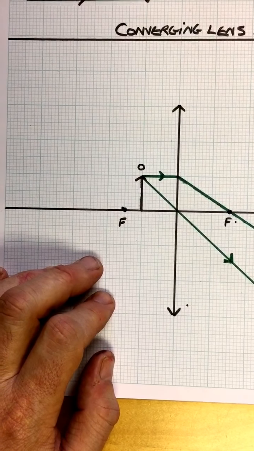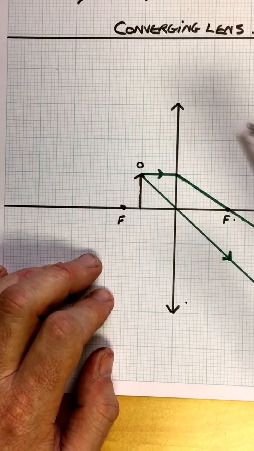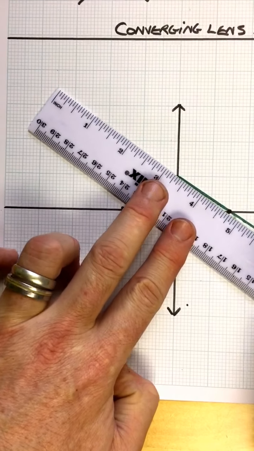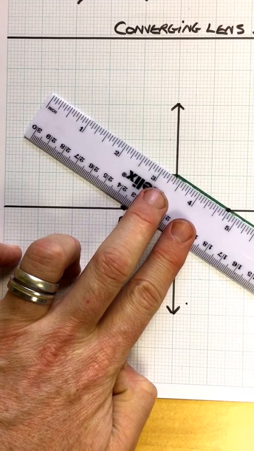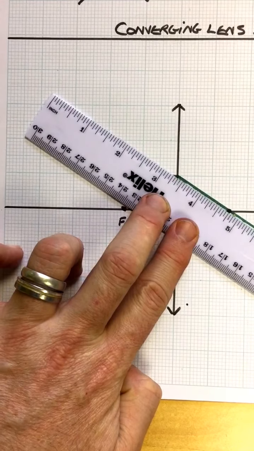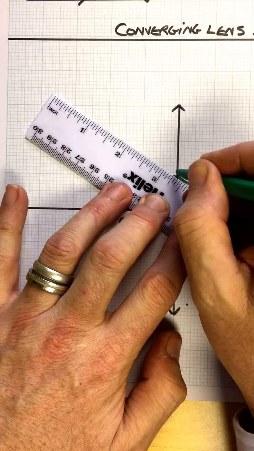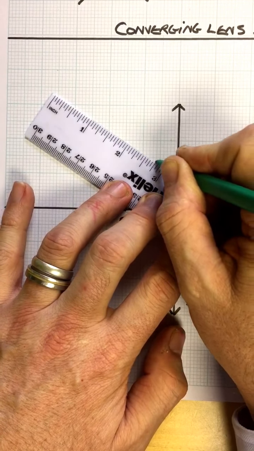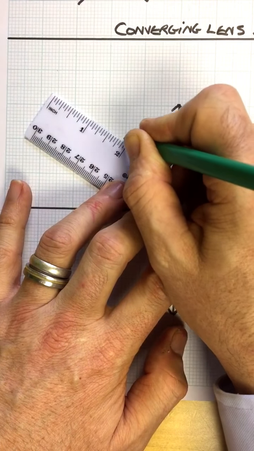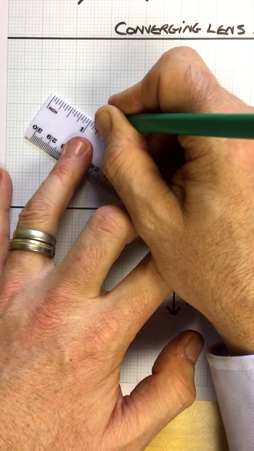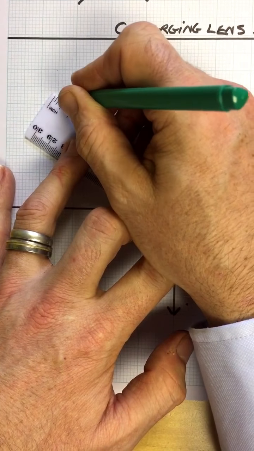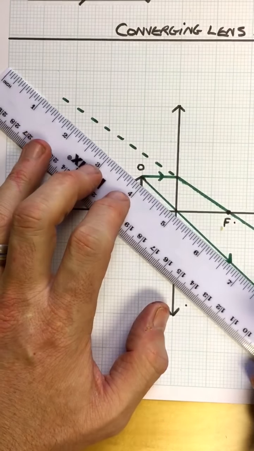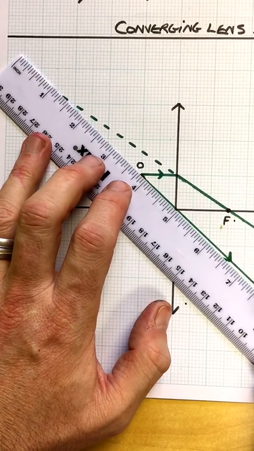So we have to be able to show where these lines would actually meet, and where they would meet would be behind the lens, and it forms what we call a virtual image. So we need to show that these are virtual rays, and we would indicate virtual rays using a dotted line, and we can do the same thing on this side.